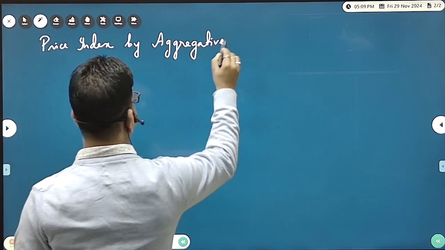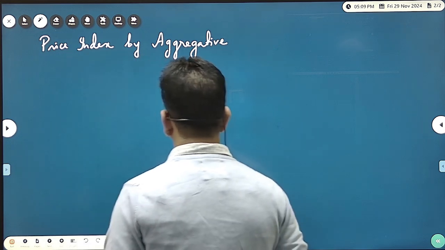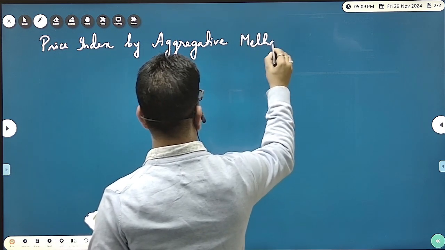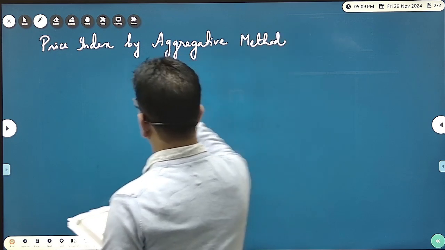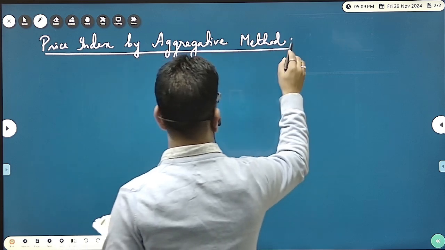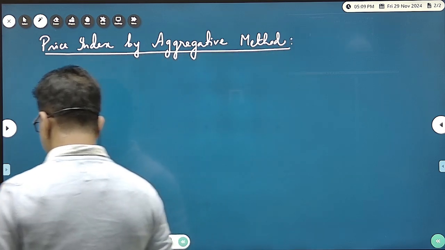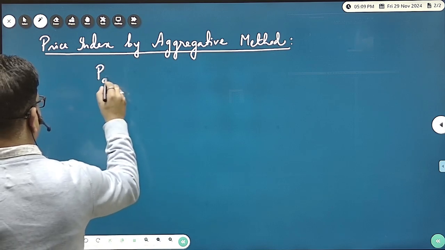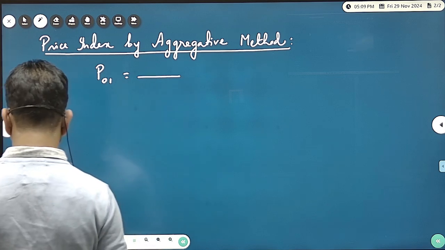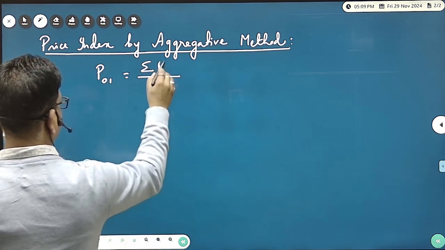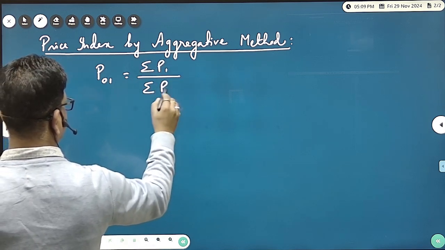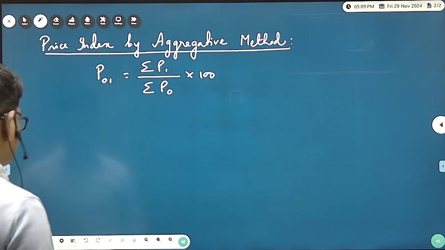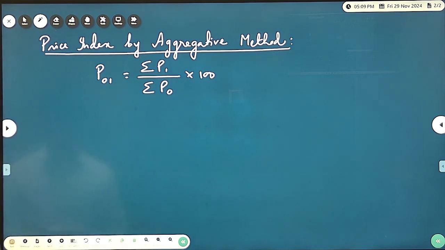So here the aggregate means the total of the terms to be obtained, and this is also not that difficult. Only the thing is that you should know the proper method or the proper formula. Okay, so it goes like this: P01 equal to summation of P1 by summation of P0 to be multiplied by 100. I am going to explain with one example.